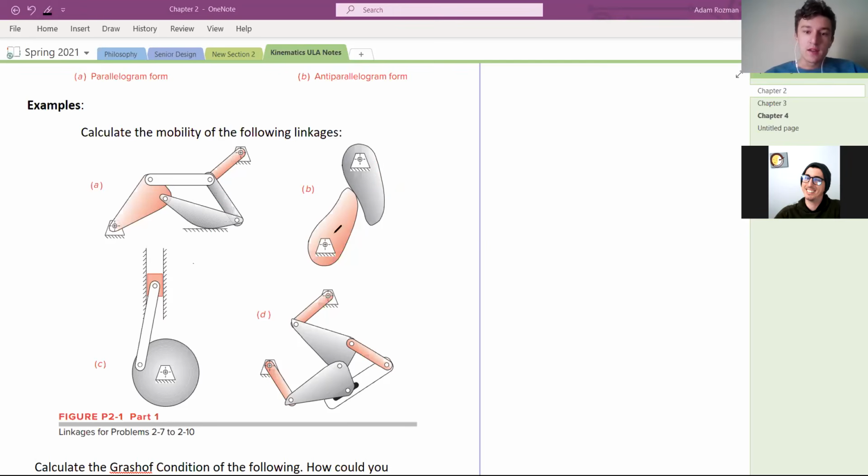So I just want you to picture if you have a binary link, if we just put a link here, I think you can kind of see what I'm saying. And then basically you just ground this link, or you make it fixed so you can't move it. That would be the same thing as having 2 separate pin joints, right? And imagine these cams don't contact it, like they're in a higher plane.